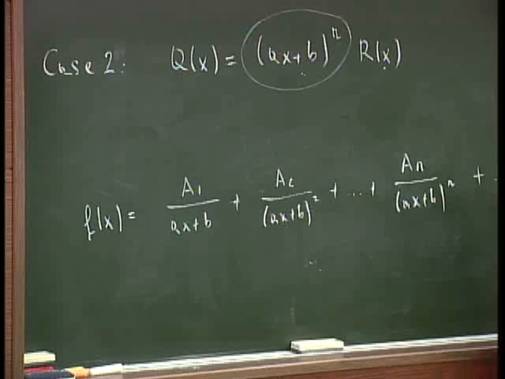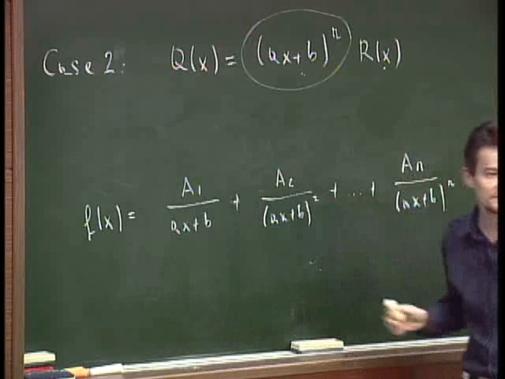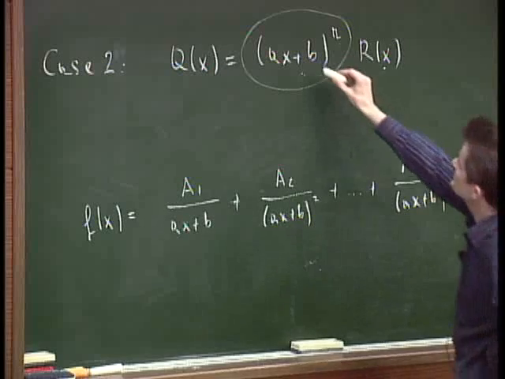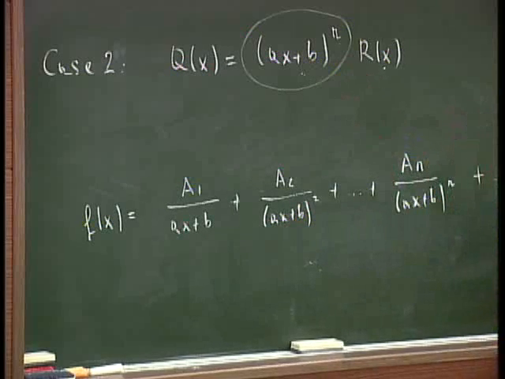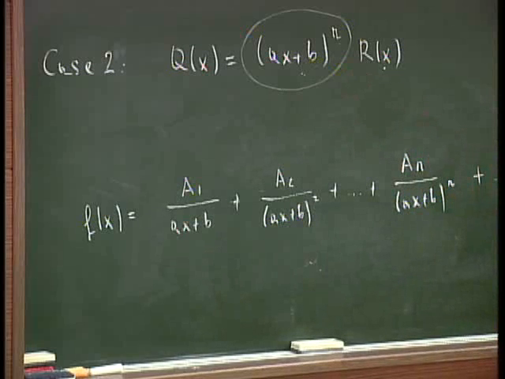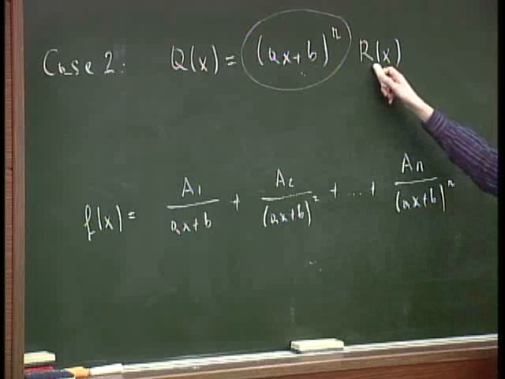So you can really find coefficients such that you can write f of x in this form. This is something you have to prove actually. But if you have something like this, you have to use so many terms.